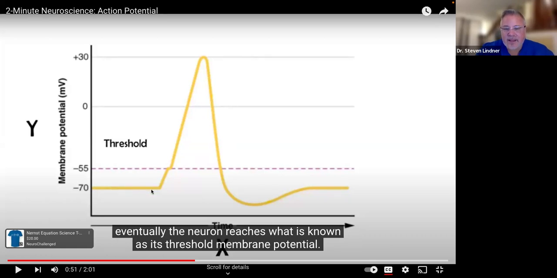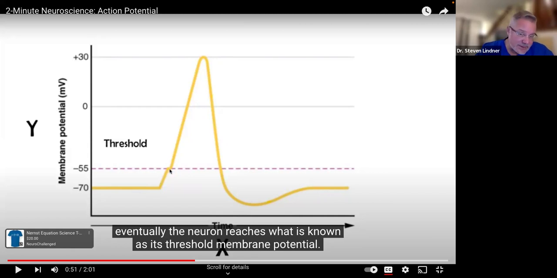Okay, so this straight line is a resting membrane potential. Something had to happen for this to become a little bit more positive. And what's happening is that sodium was rushing into the cell. Some sodium rushes in.